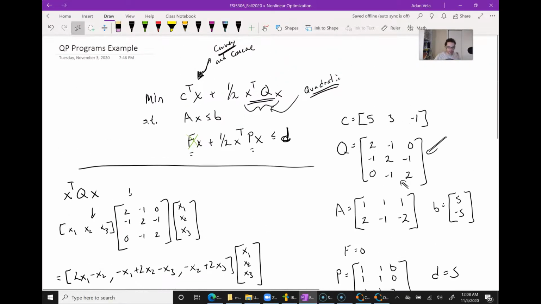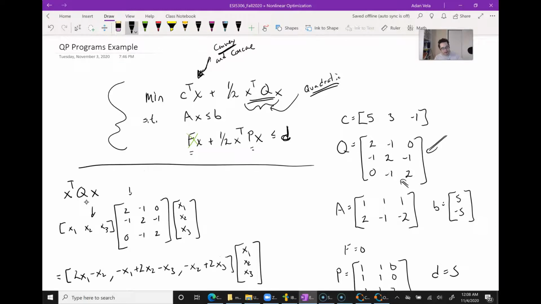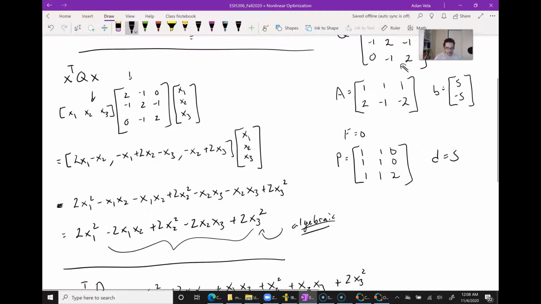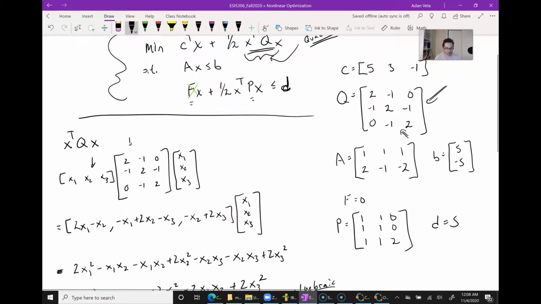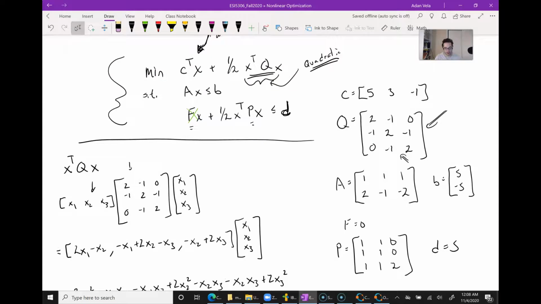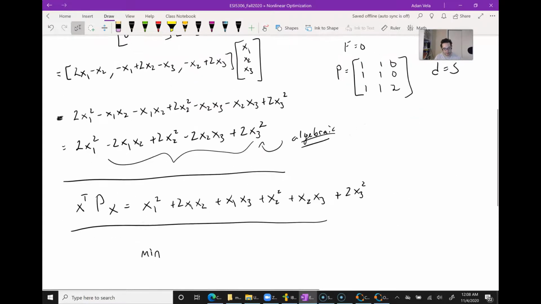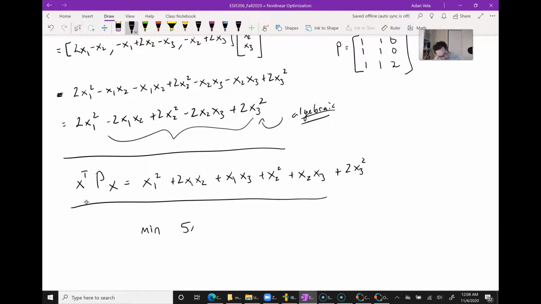Okay, so let's put this together. One form was the matrix form where I gave you the matrices, but let's write this all out as the full optimization, and then we'll program it in Cplex. First we'll do the linear part. So we end up with 5x1 plus 3x2 minus x3.